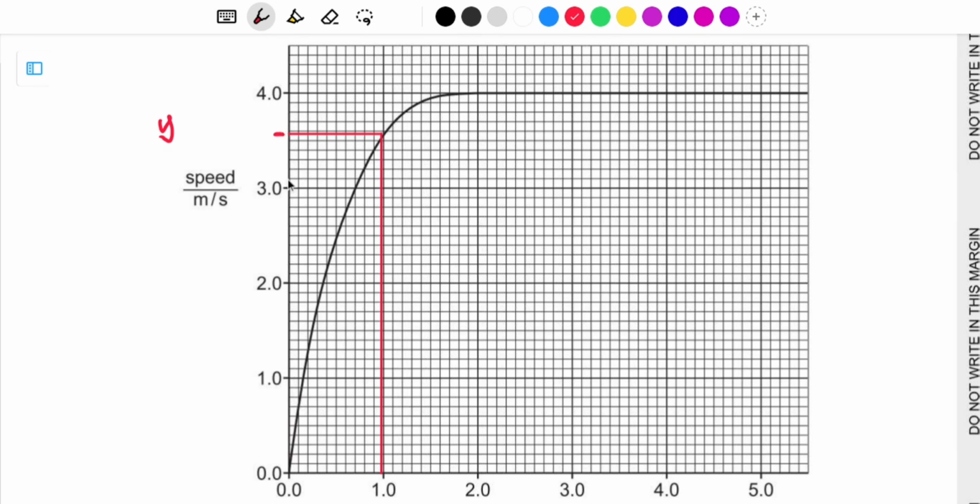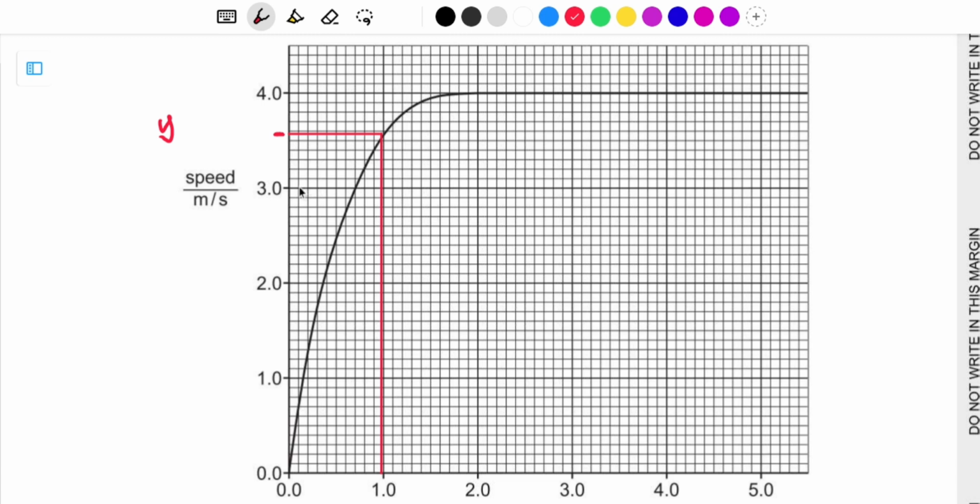Then these small boxes, if I count them, 1, 2, 3, 4, 5, 6, 7, 8, 9, 10. So there are 10 of them. If I want to know what each small box is representing, I'm going to say 1 divided by 10, then I'm going to get 0.1. So this is 0.1, 0.2, 0.3, 0.4, 0.5, 0.6.